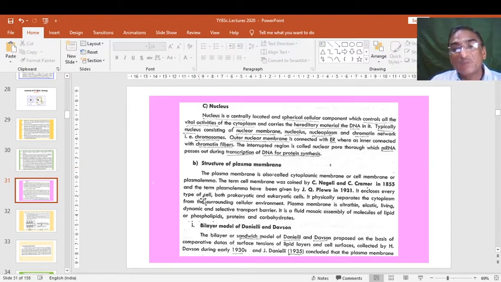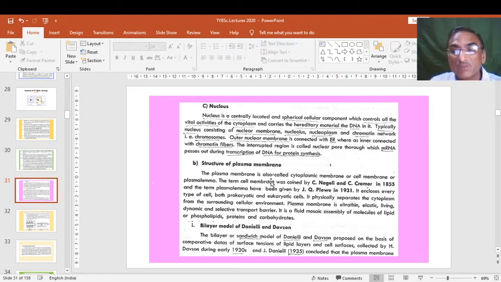The plasma membrane is also called the cytoplasmic membrane, or we can say the membrane which encircles or binds all the cytoplasmic matrix is called the plasma membrane, cell membrane or plasma lemma.